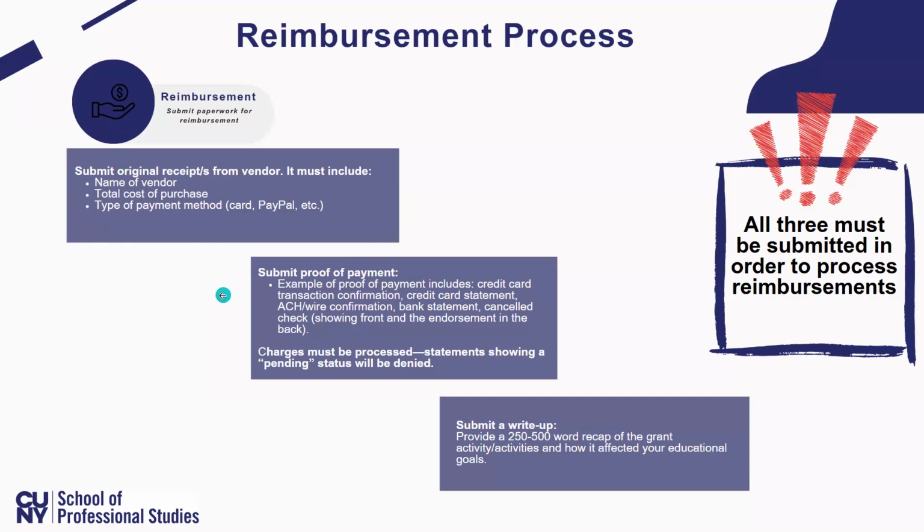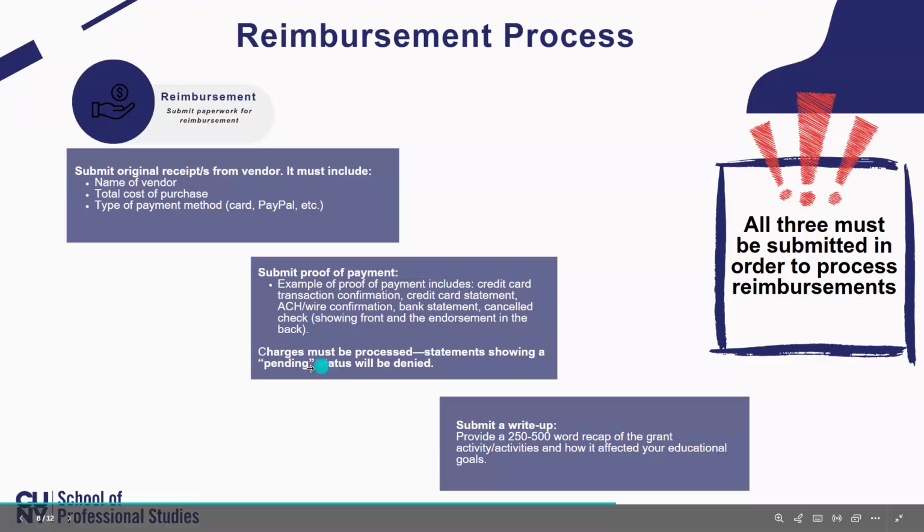Your second document is proof of payment, which is separate from your receipt. Your proof of payment can include a credit card transaction confirmation, a credit card statement, a bank statement, a canceled check, anything of that sort. Your charges must be processed.